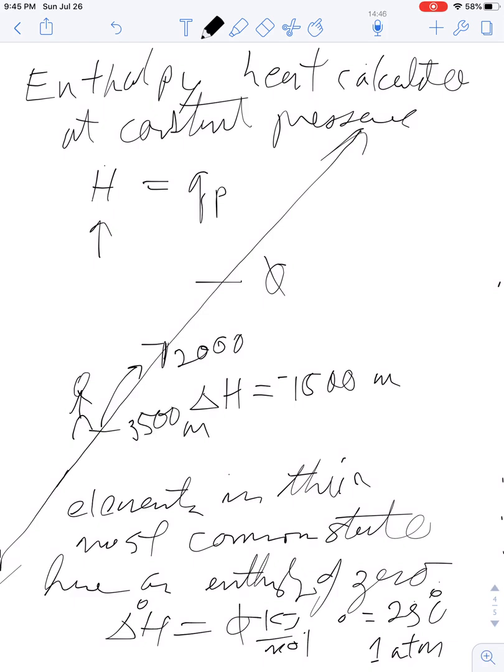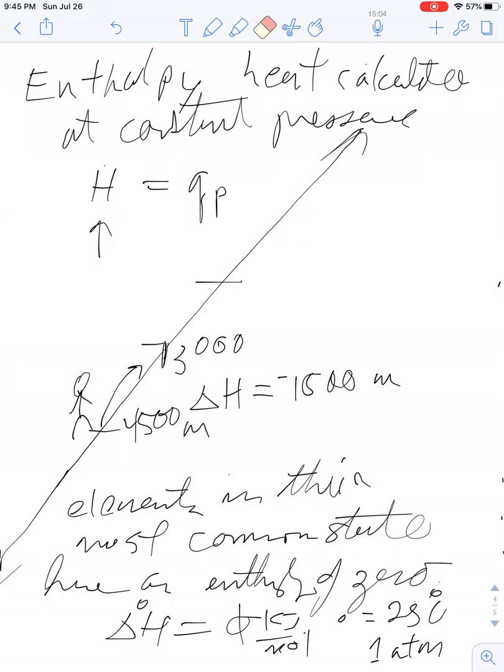So the delta always remains the same no matter what you're picking as your 0 point. Okay? So that is why it's delta H, not H, that we're measuring.